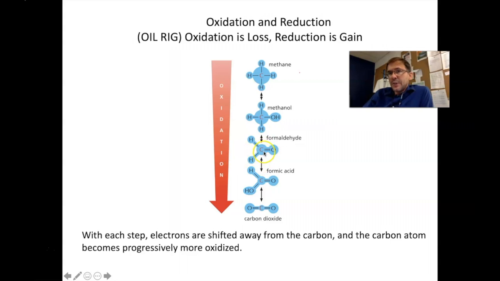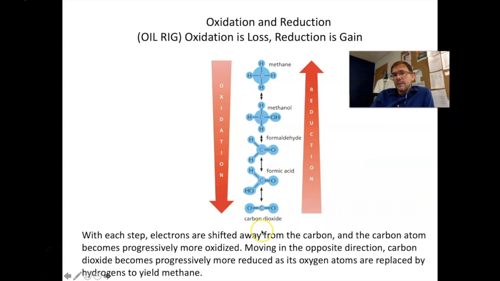Right? The electrons are spending less time over by the carbon because they're attracted to the oxygen. Right? Throw in another oxygen, right? It's increasing the oxidation of the carbon. So with this series of changes to the molecule, the carbon is getting increasingly oxidized.